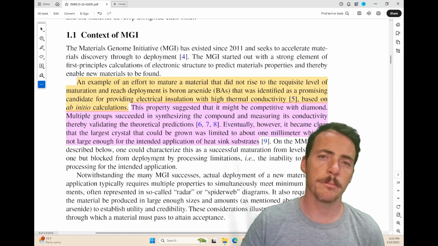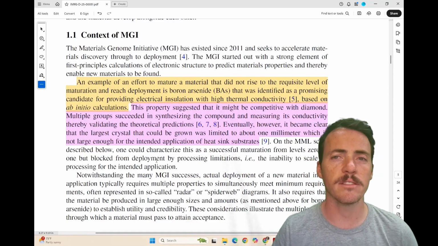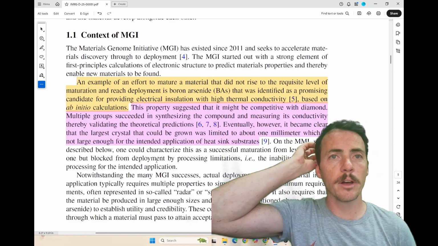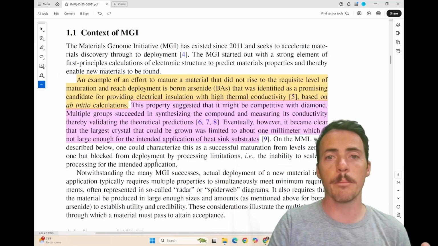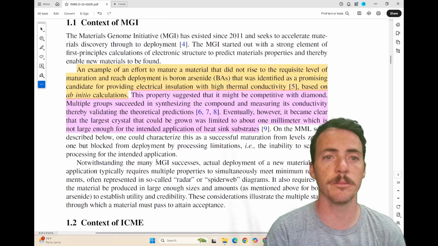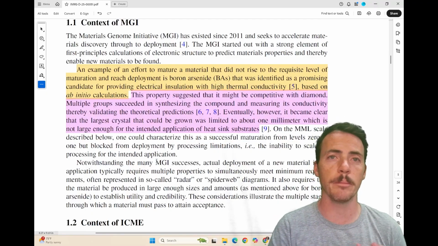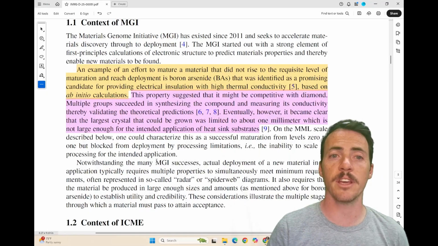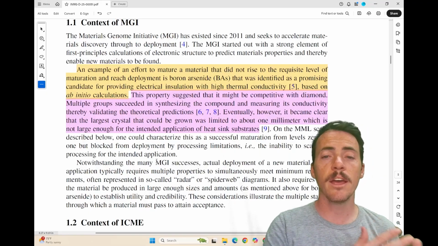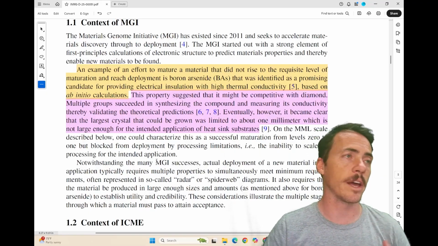One of the great things about this paper is they have a number of interesting case studies or demonstrations where MMLs either could have shown that something was going to work or that it wasn't going to work. For example, they talk about boron arsenide. This is a material they point out that never really reached that maturity level for it to be used, even though it was originally identified as a promising candidate for electrical insulation and high thermal conductivity. So think of like electronic packaging.